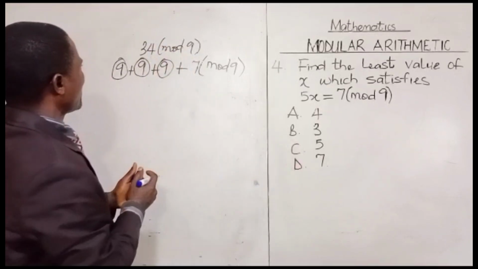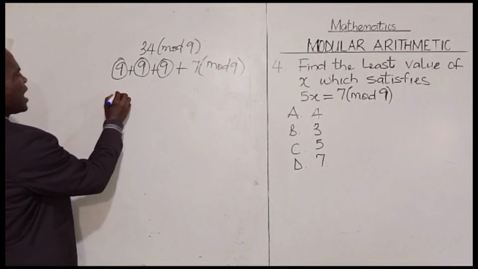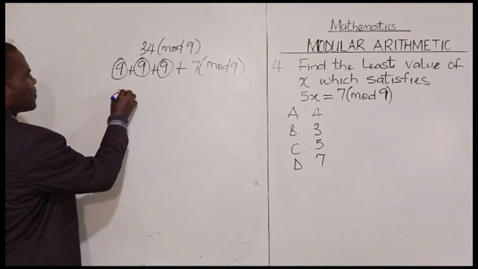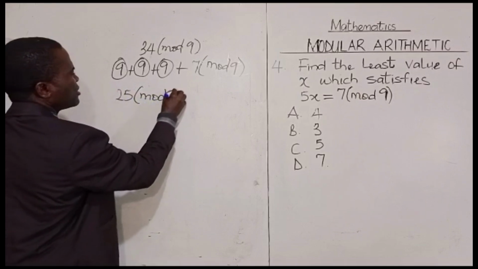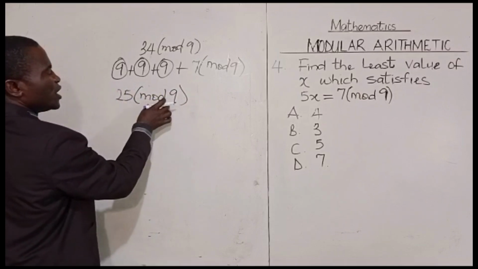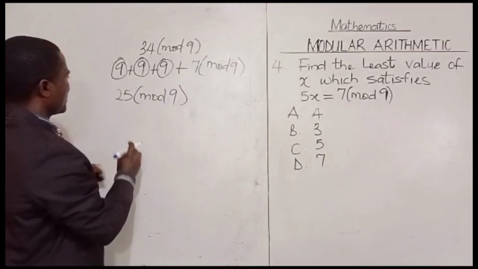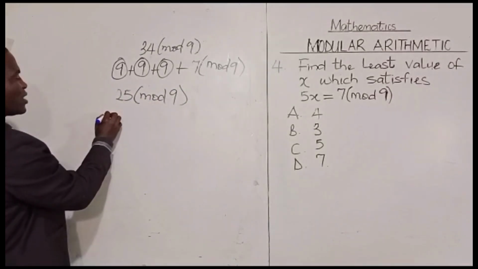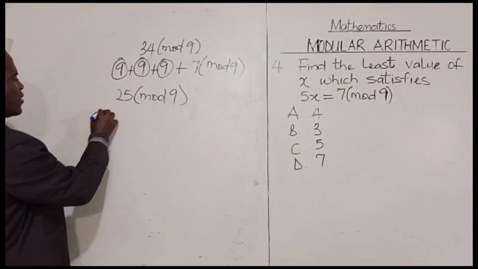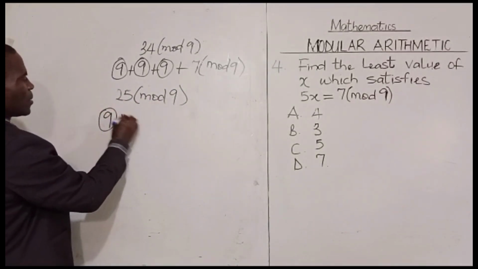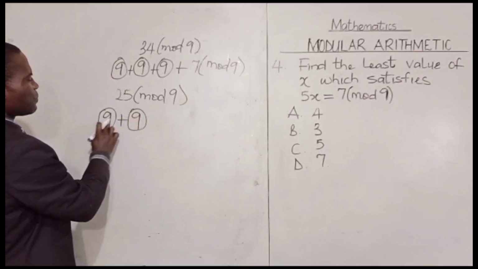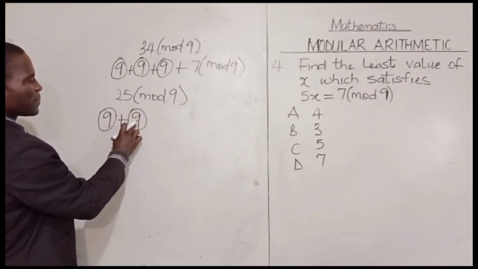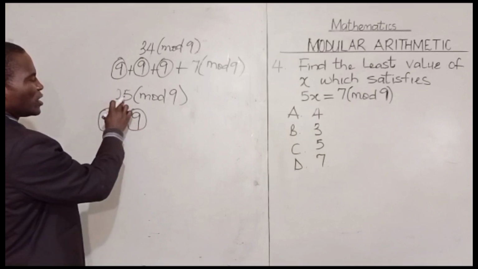Now let us look at another one. If I have 25 modulo 9, I want to count 25 in bundles of 9. I will start with 9. This is the first bundle, then the second bundle, then this plus this, that is 18. I will now remove 18 from 25.